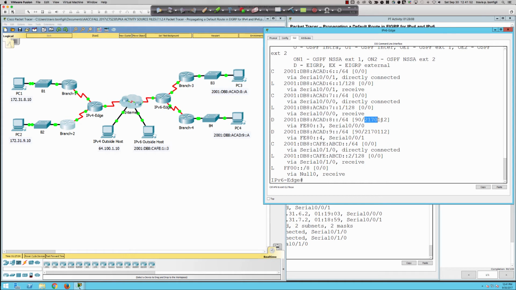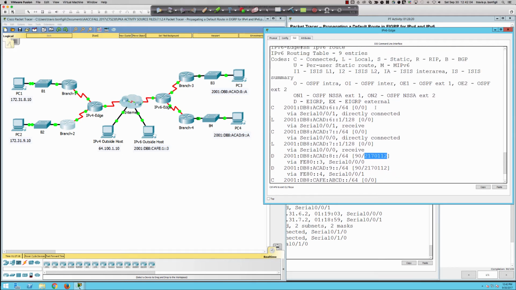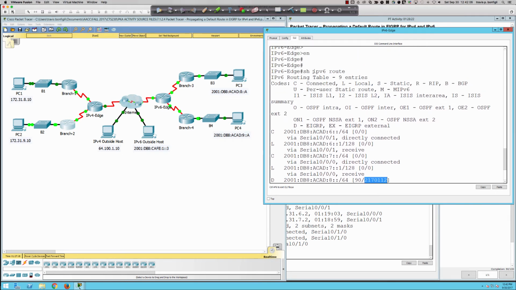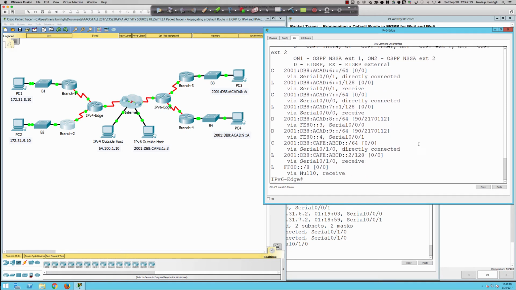Our feasible distance, for the context of CCNA study, is the same, right? Because again, the composite metric is the same. The administrative distance is the same. The commands that we use in large part are the same. We're simply adding v6 to those commands, right?